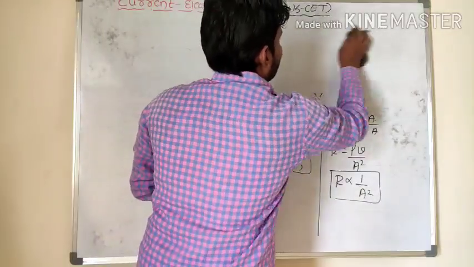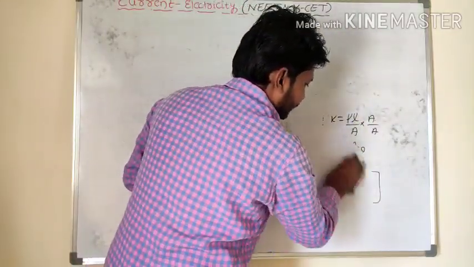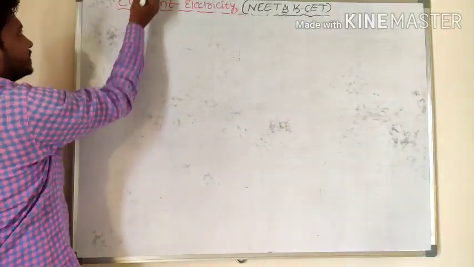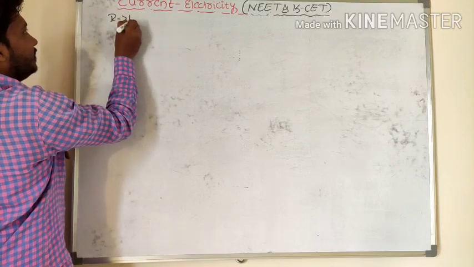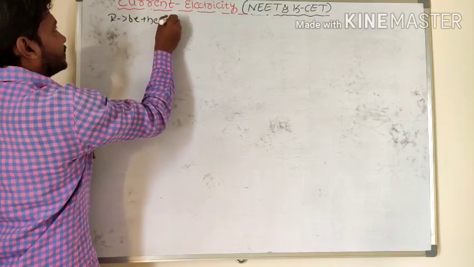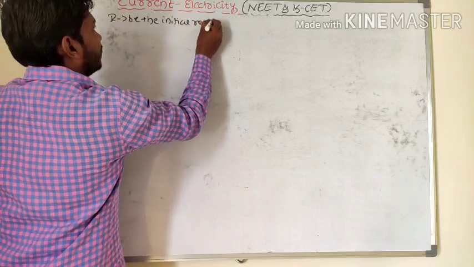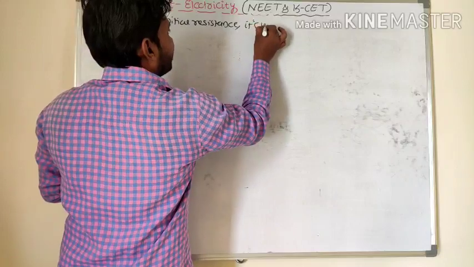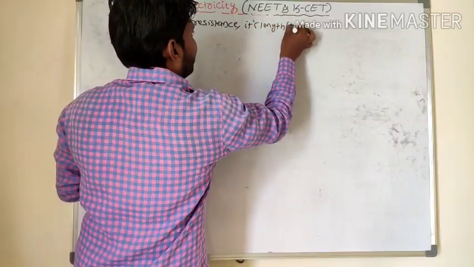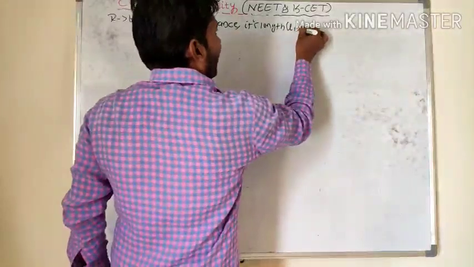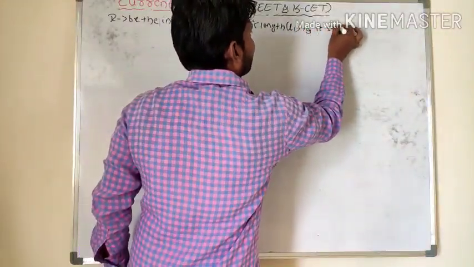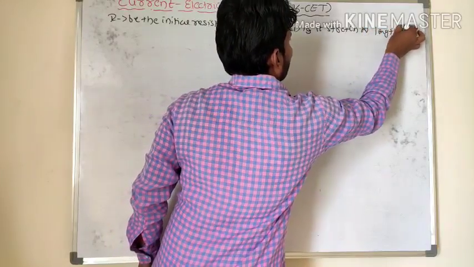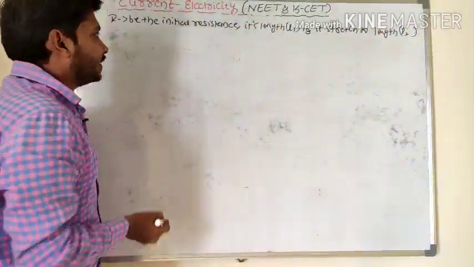For example, the initial length of the wire is L and its initial resistance is R. So what about the initial length? The initial length is L1, and it is stretched to length L2. Then what about the change in resistance here?